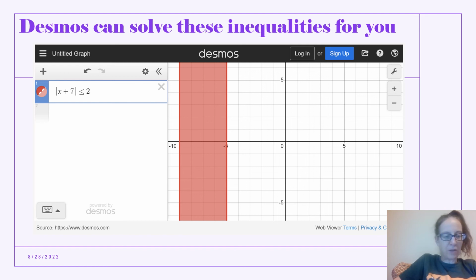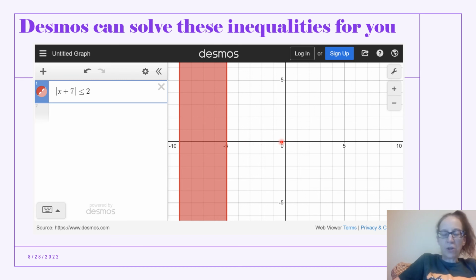Okay, now I'm going to minimize that so that you can see. Laser pointer. All right. So what we have here, now this is in 2 dimensions, because we're graphing on the coordinate plane instead of on a number line. But what I want you to do is just ignore everything except the x-axis.